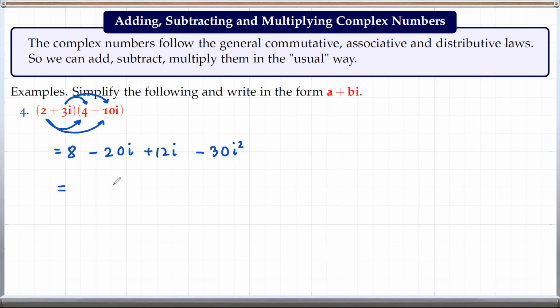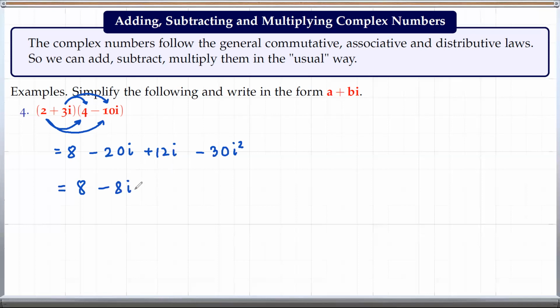And of course, we can simplify this a little further because here we have 8, and we can combine these two. Negative 20i plus 12i will be negative 8i. This is like negative 20 apples plus 12 apples.